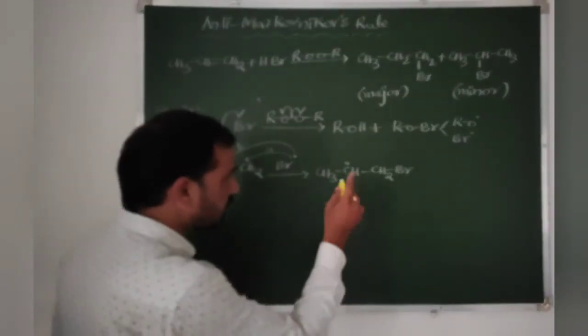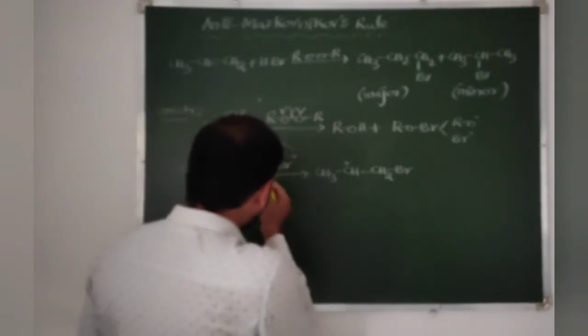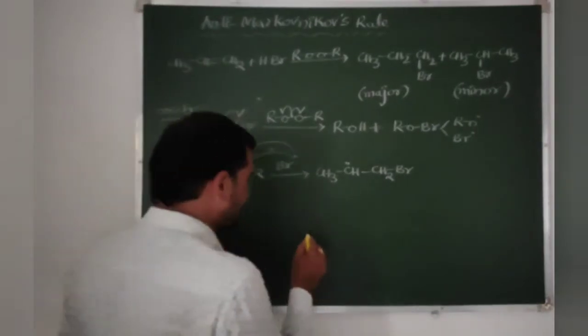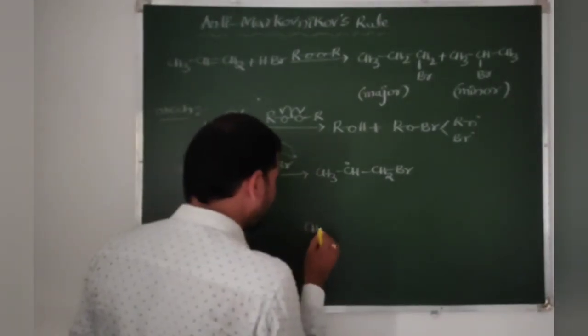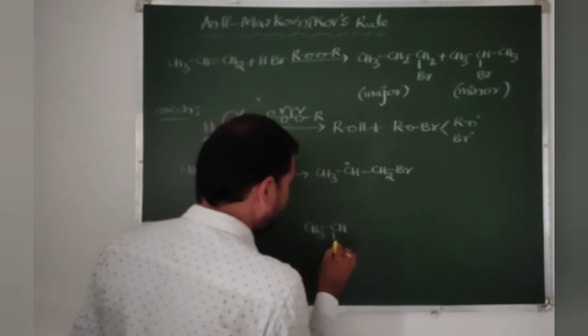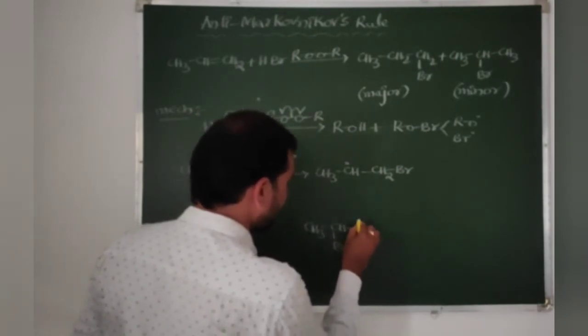This is path A. Then in path B, Br dot is added to this middle carbon, then it results in CH3 CHBr and CH2 dot.